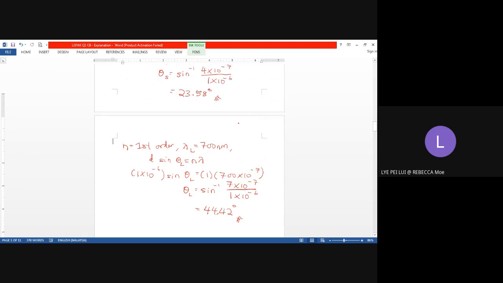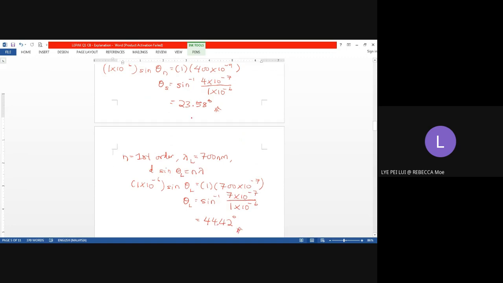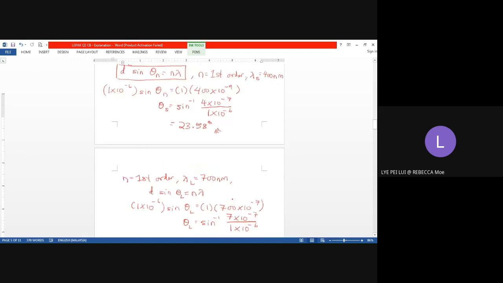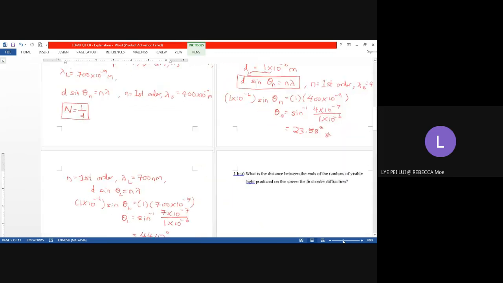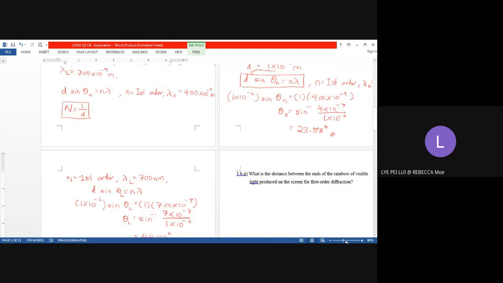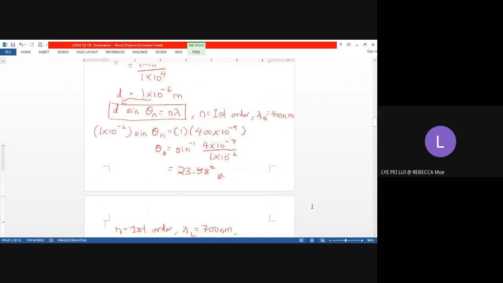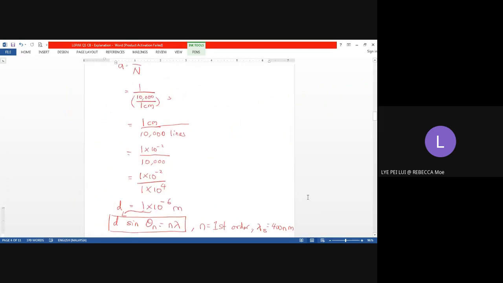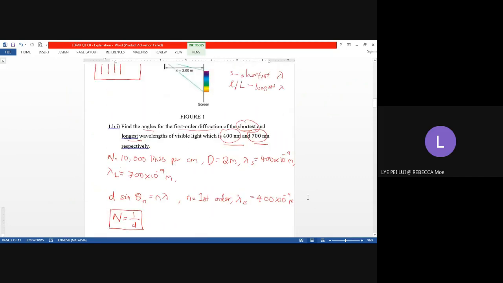And just now, this one is for shortest. Okay, you have both angles, right? I hope you all can solve the question.